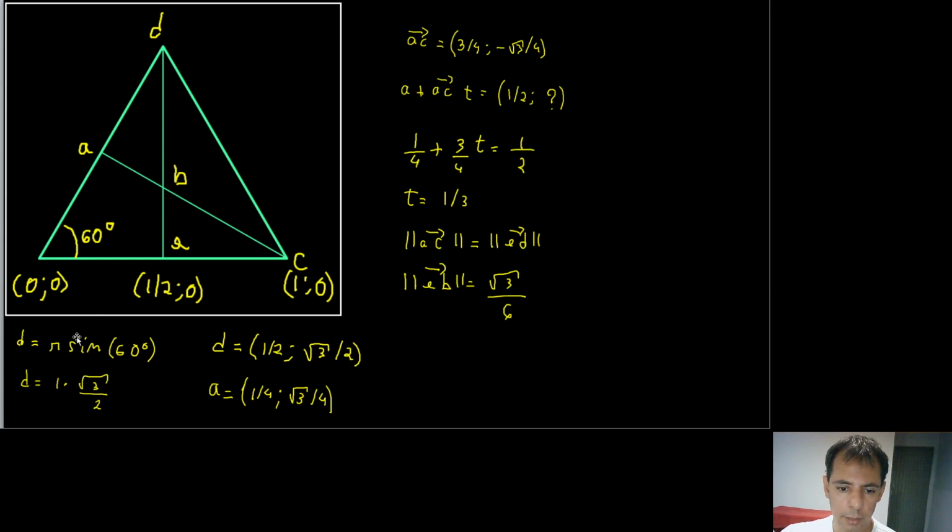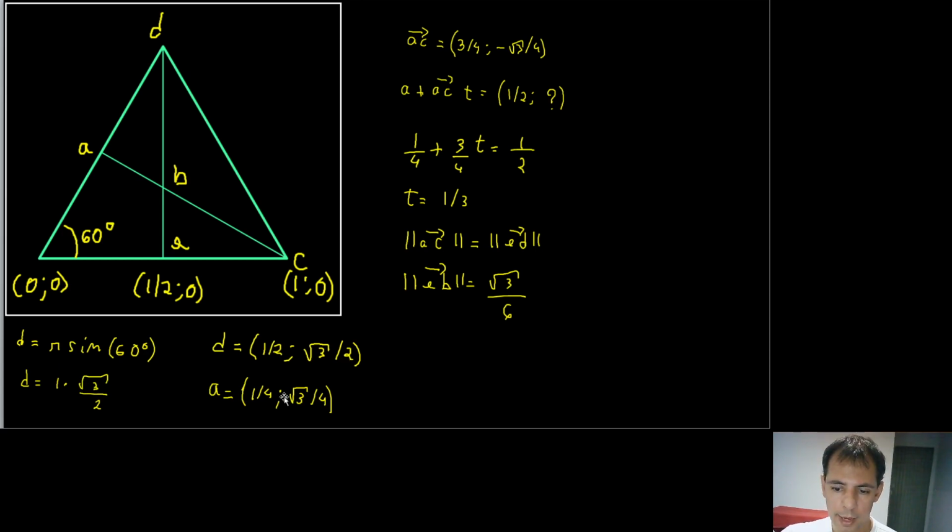So D is going to be R sine of 60 because you got a 60 degree here. Well, how do you know this is a 60 degree? Because the triangle is equilateral. So it'll be R, which is 1. It's from this point to this one here. Times sine of 60, which is square root of 3 divided by 2. So D has coordinates half, square root of 3 divided by 2.